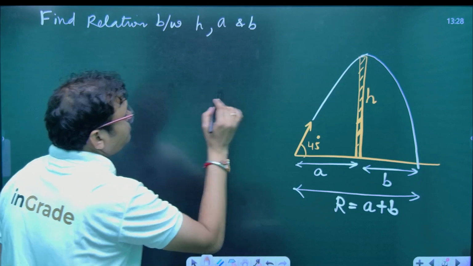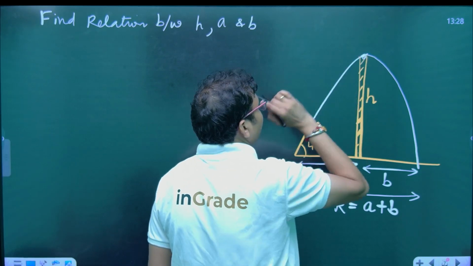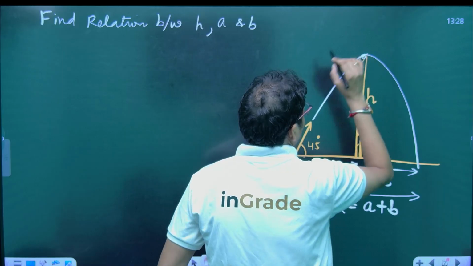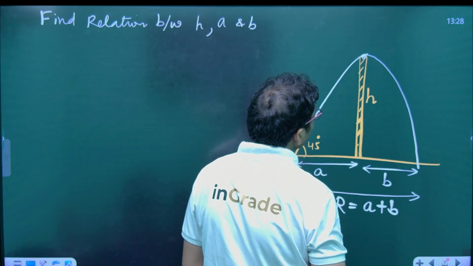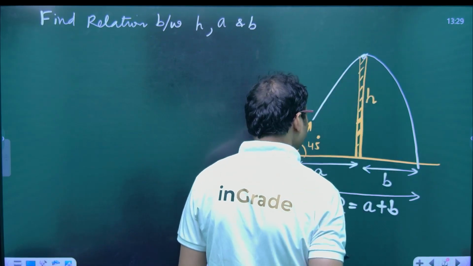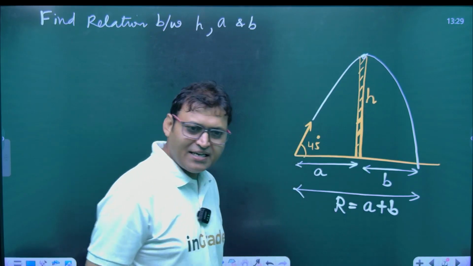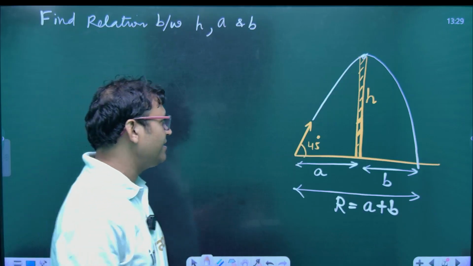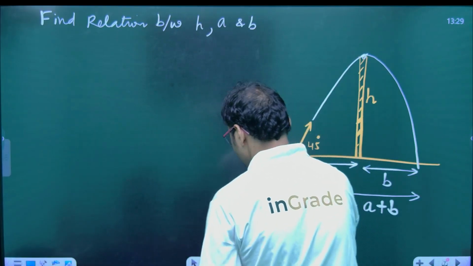Now, this point, at the highest point, is it the highest point? It may be the highest point, it may not be the highest point, isn't it? The particle can go like this.